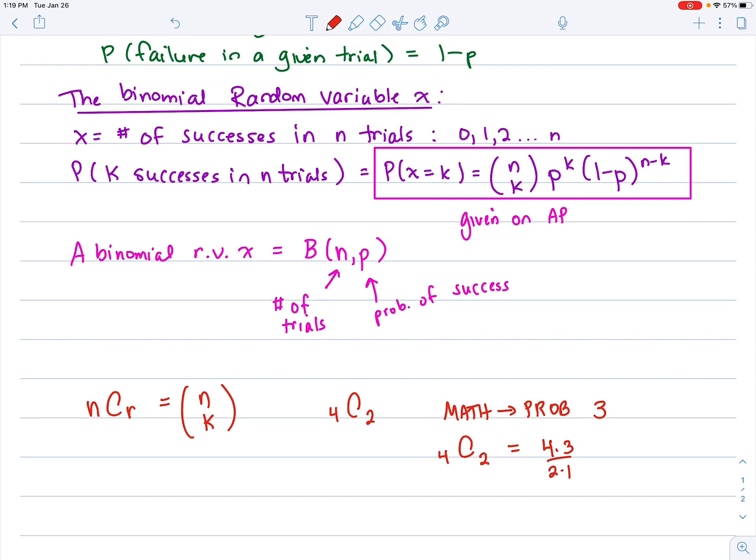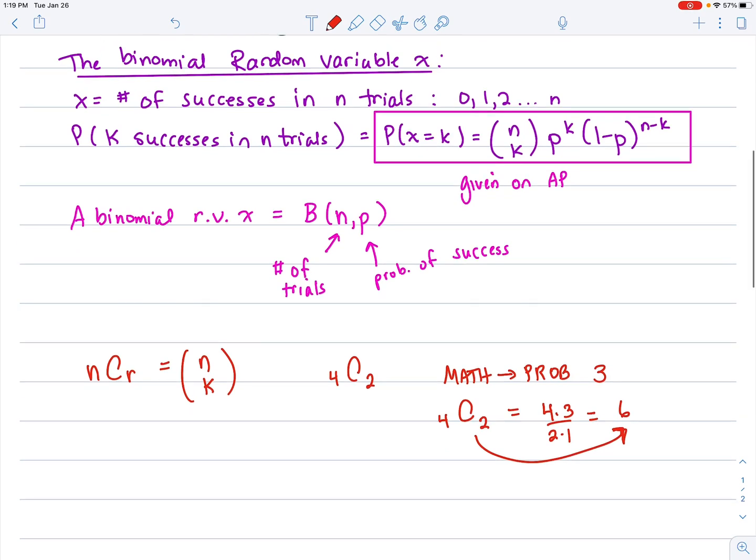It's 4 times 3 over 2 times 1, but you don't even have to know that. You can just put it in your calculator, and it's going to give you 6. So to put it in your calculator, you would go to Math, Probability, number 3 nCr, then before the C you put the 4, after the C you would put the 2. So 4C2 is the same as 4 over 2, like this in parentheses.